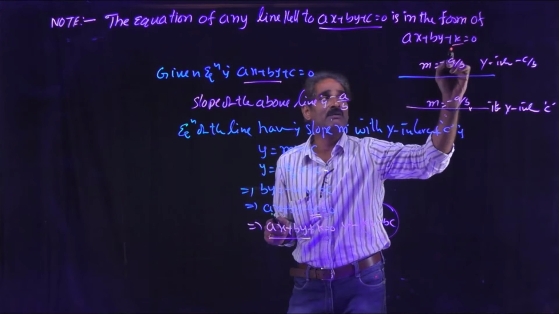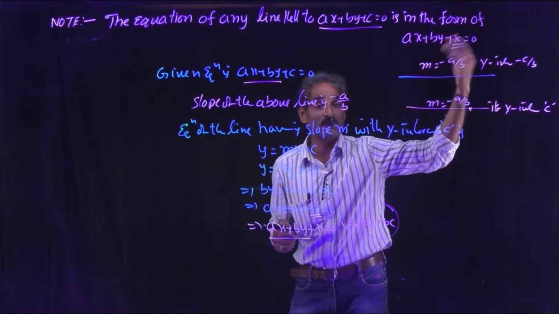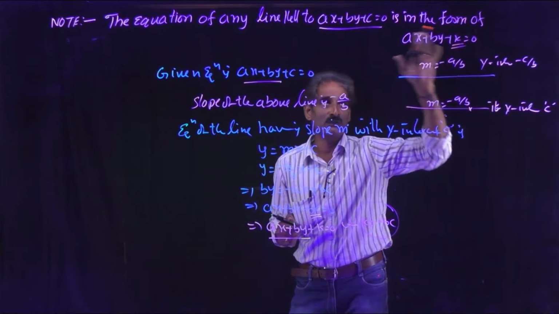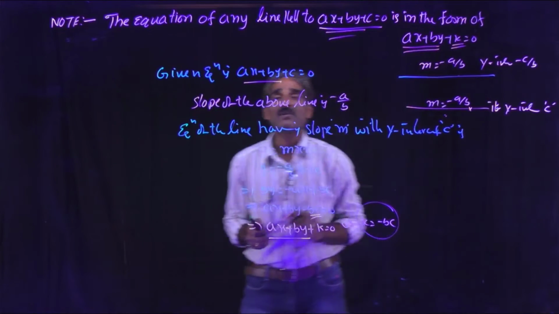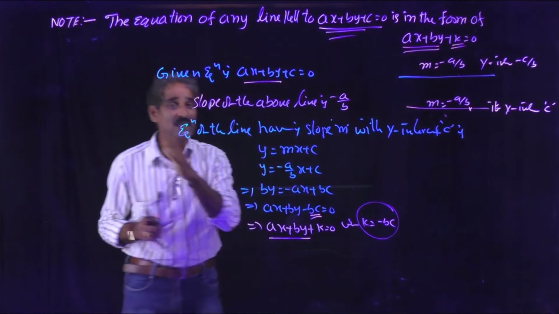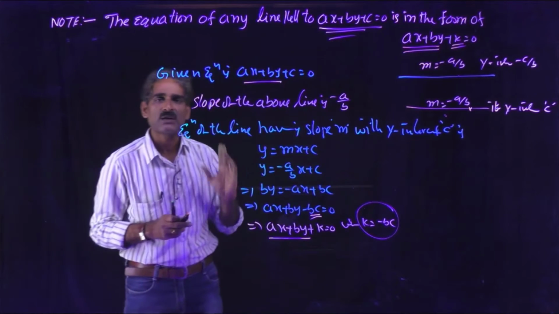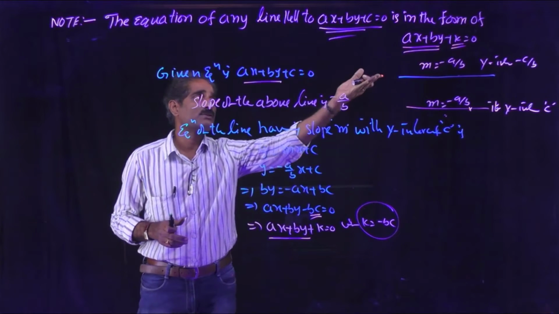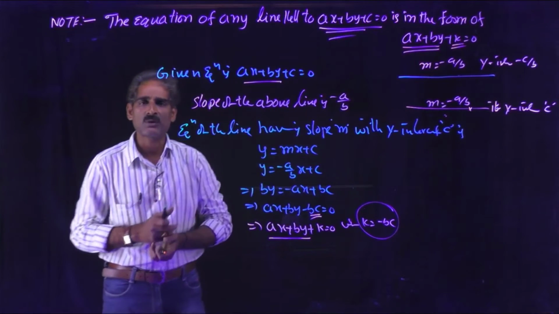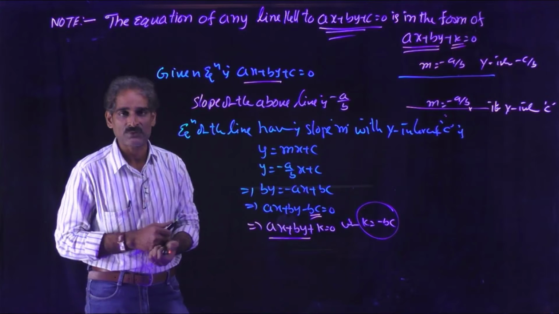You may take any value in place of this; that will depend upon the position of the line. If the lines are parallel, the coefficients of x and y terms should be equal, and they just differ by a constant. So with the help of this, we can solve the problems very easily from the parallel point of view.